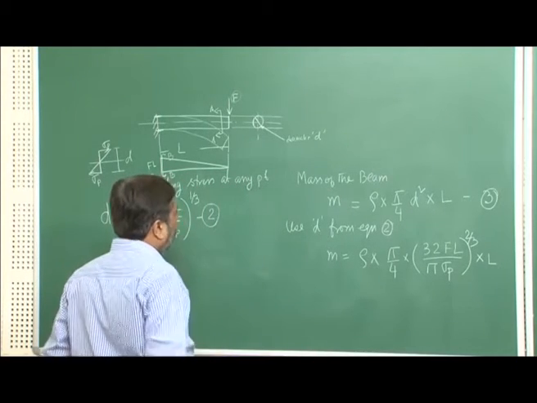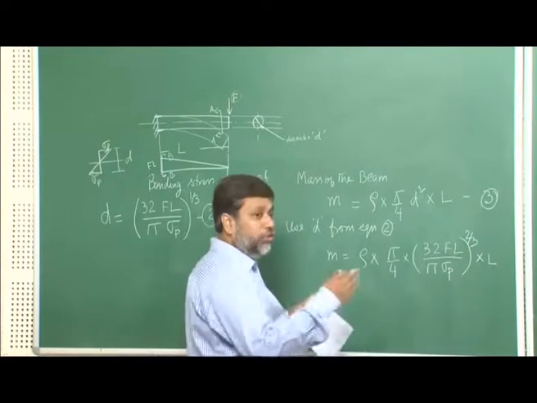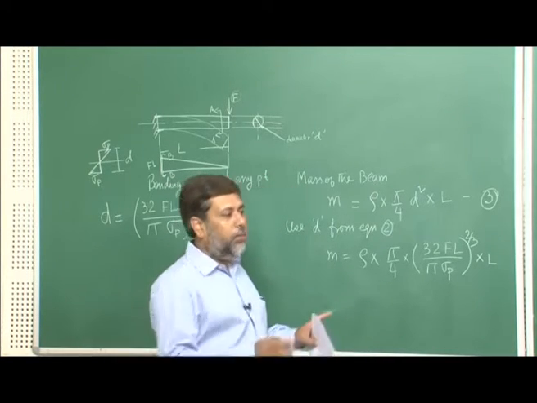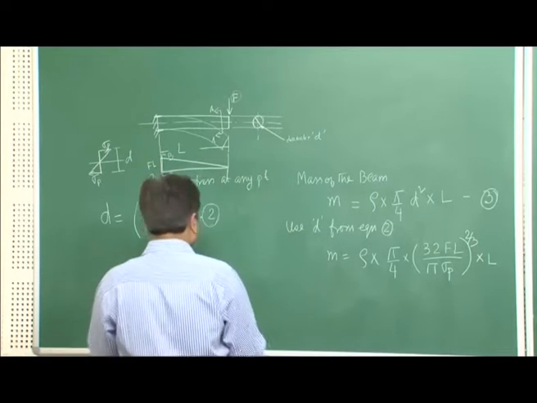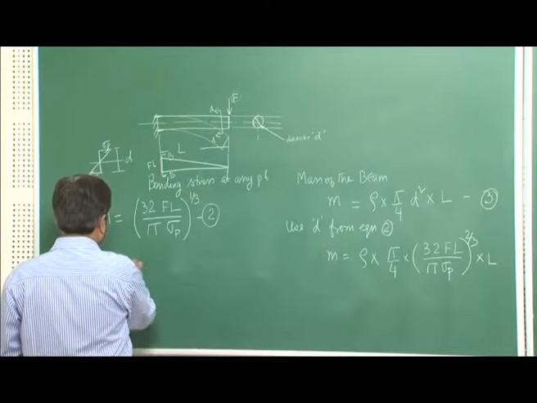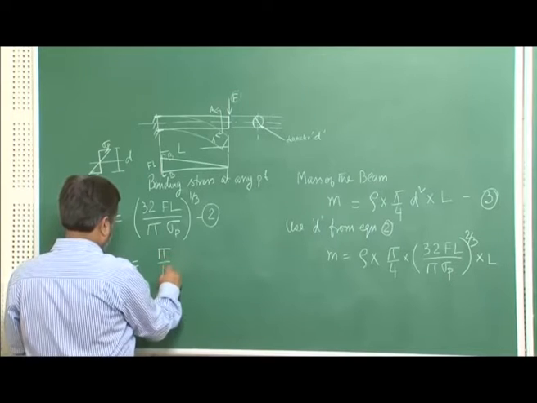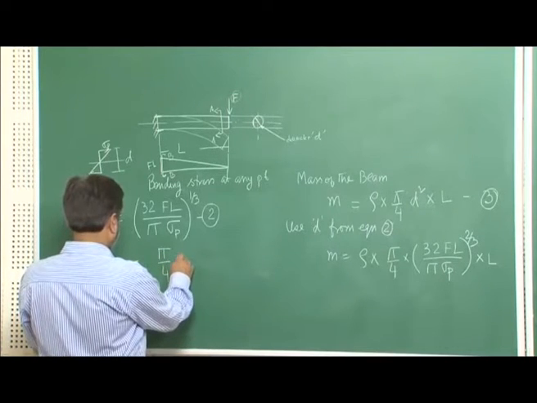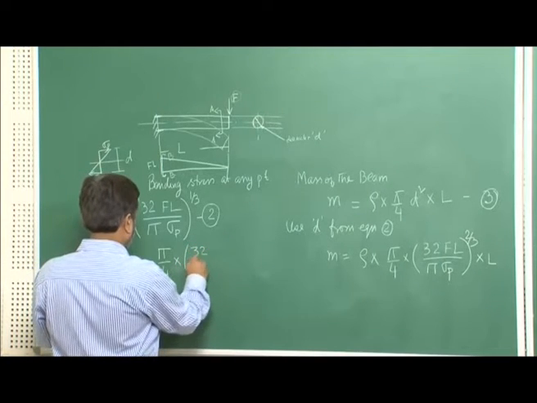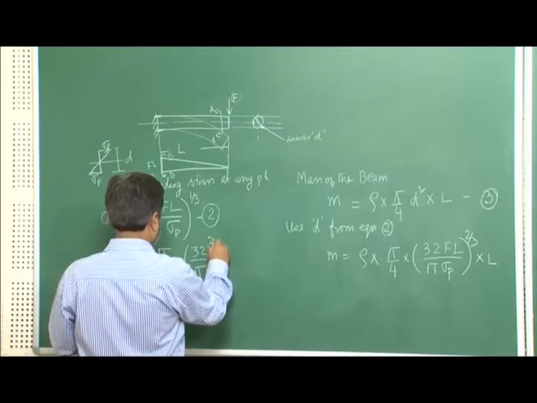Now, let us divide this expression as usual, like the last class, into several segments and isolate the part related to the material property of the system. If I do that, I get M equals pi by 4 times 32 by pi, I can take it out, times 2/3.